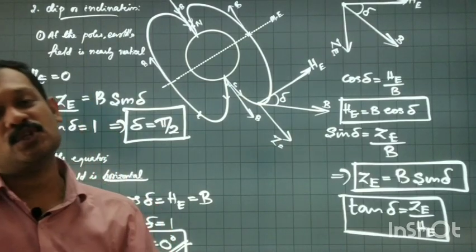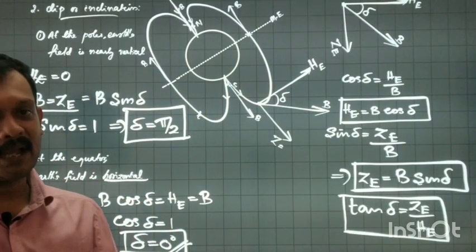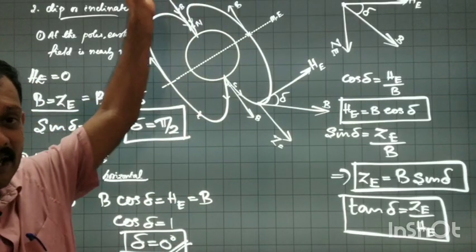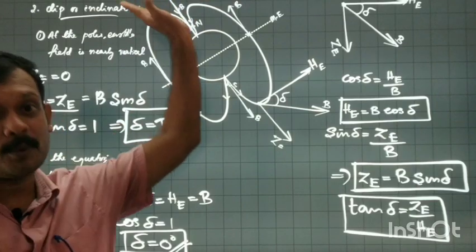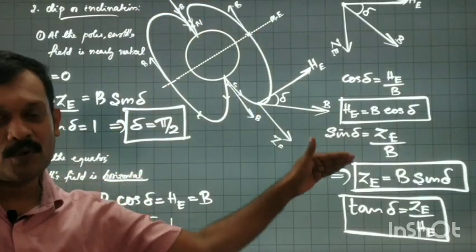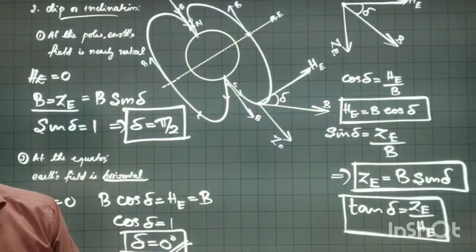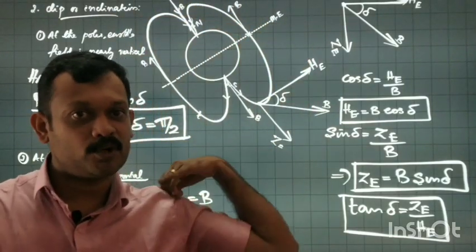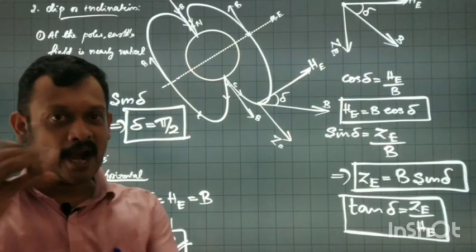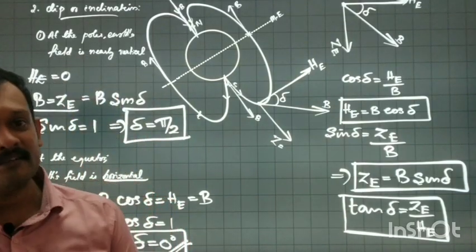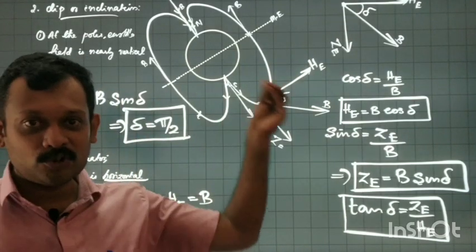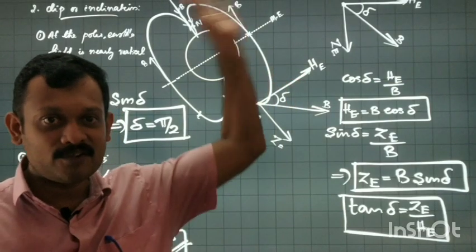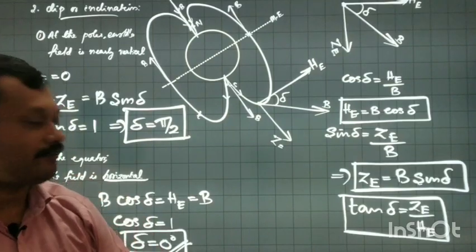Generally by convention we take dip towards the north pole as positive and towards the south pole as negative. We had a similar question in the 2009 NEET paper where in the south pole the dip is something like minus 25 degrees and in the other it is plus 25 degrees. That's the reason why I said so.